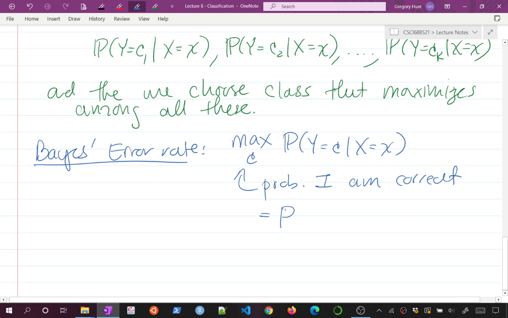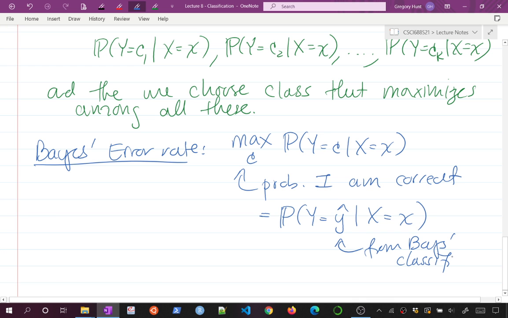It is equal to the probability y is equal to y hat given x is x naught, where this y hat is from my Bayes classifier. The idea is that it's the error rate of the Bayes classifier. Just because it's the best thing to do doesn't mean it's going to predict perfectly. It's going to get it wrong. How much? On average, what's the probability it's going to get it wrong? It's going to get it wrong with this error rate. I'm not sure if they actually call it error; it's just called the Bayes rate.